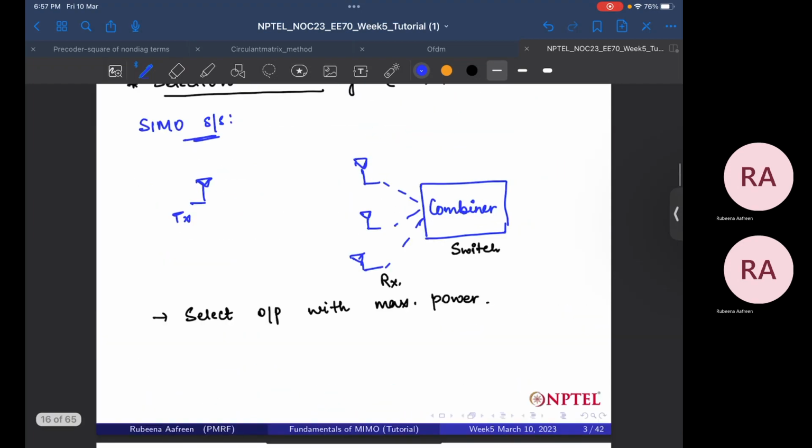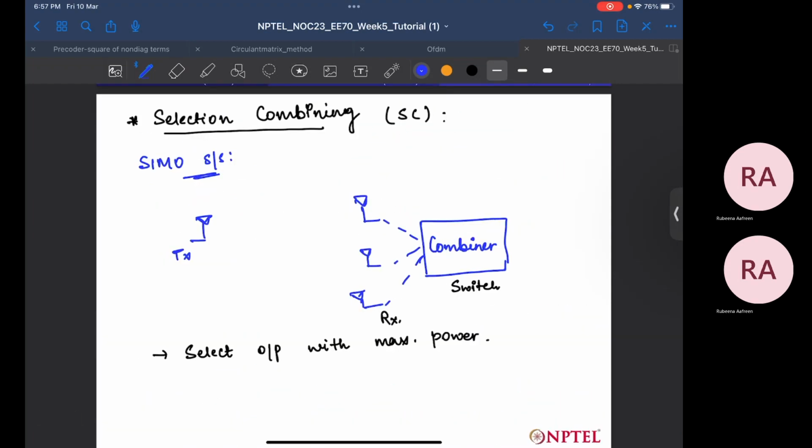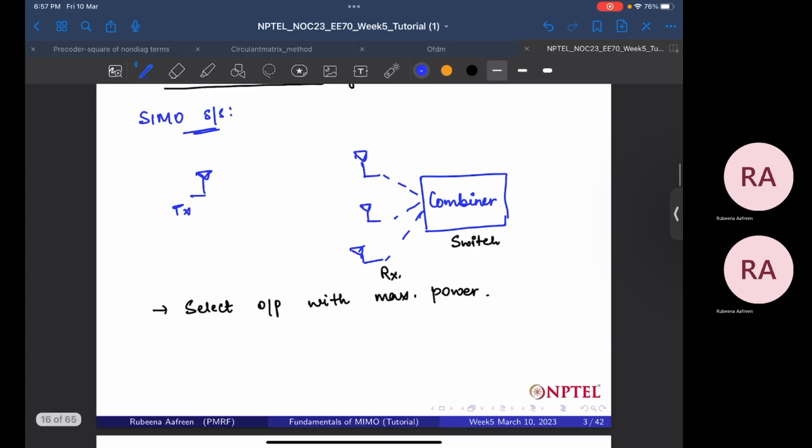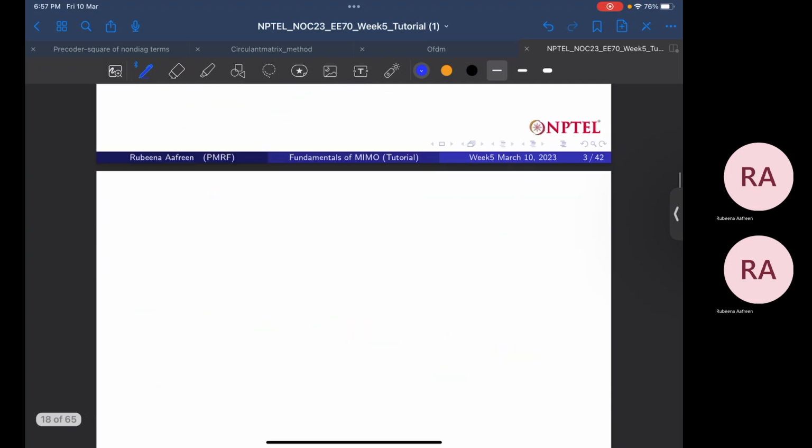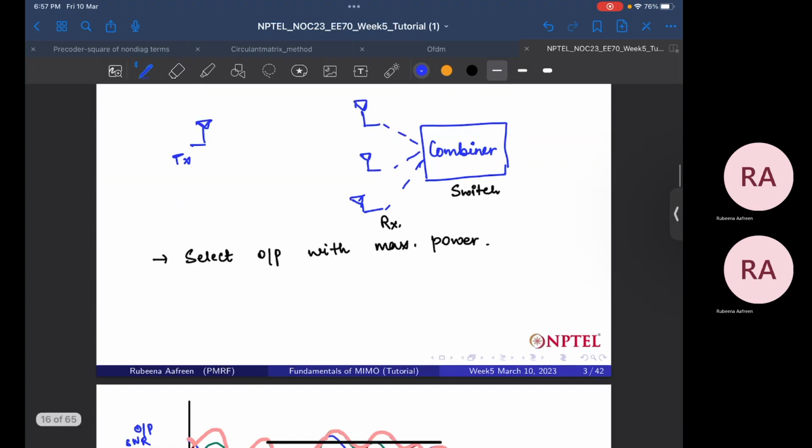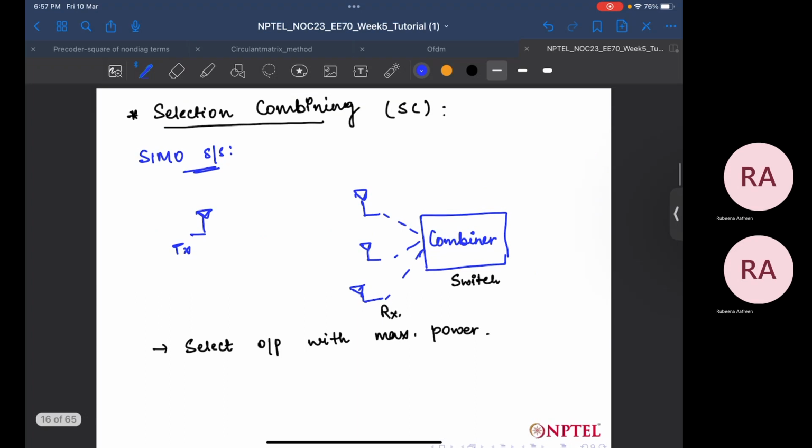Now consider this diagram. Suppose we have MR receivers. Maybe I can copy the diagram.